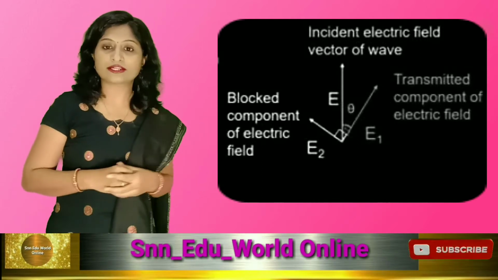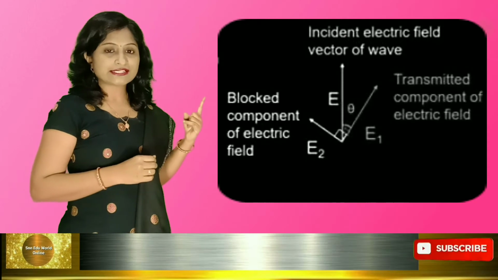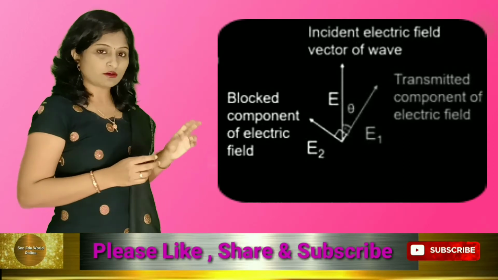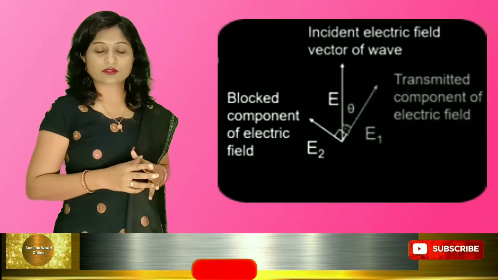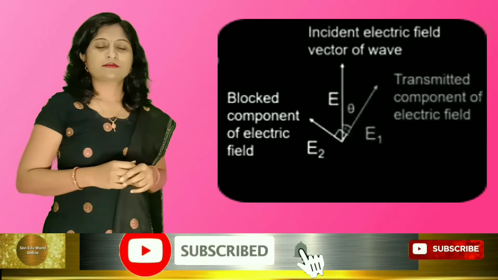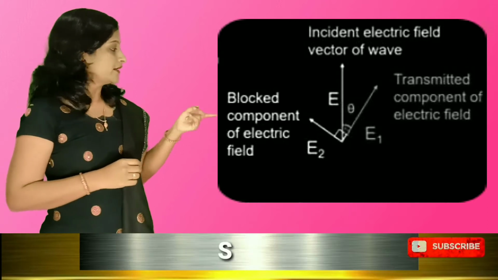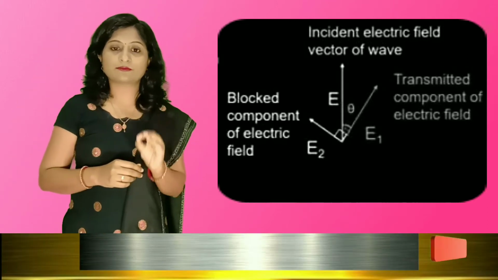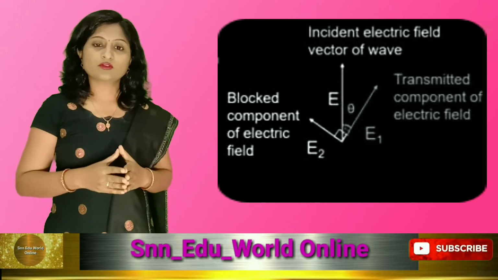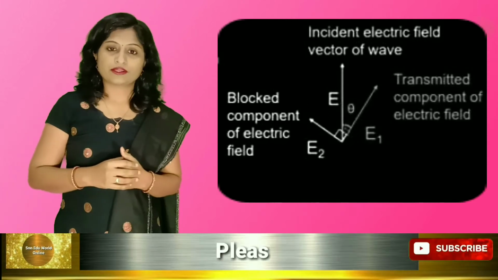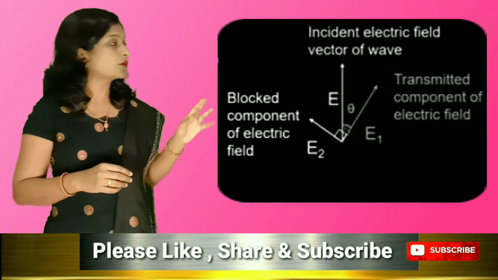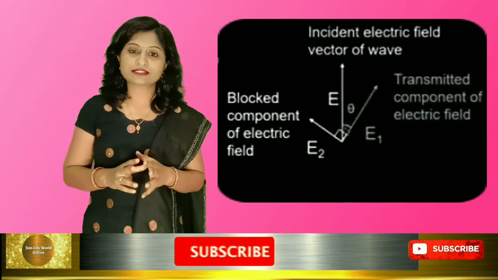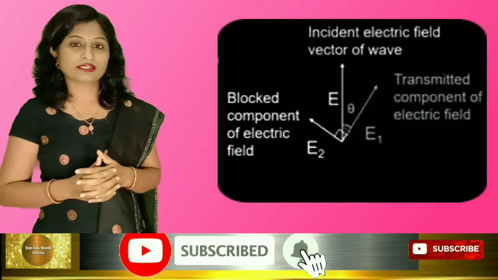One direction is exactly the same as the axis of the analyzer, that is E1, making some angle theta with the axis of the polarizer. And E2 is the backward direction component and it is blocked; no ray can pass through this way. So we have only one direction, E1, which represents the transmitted electromagnetic wave.